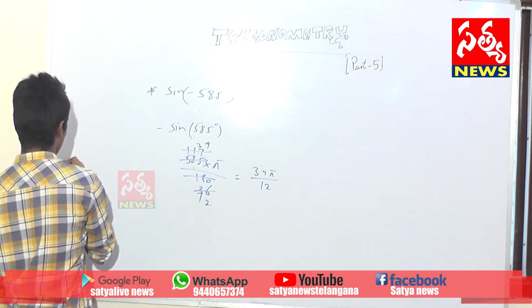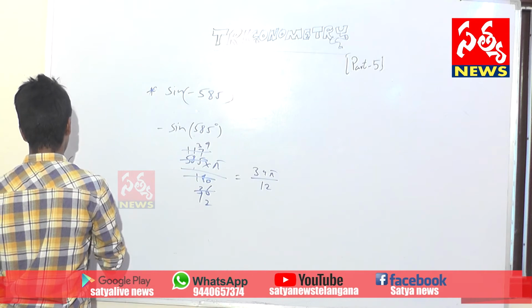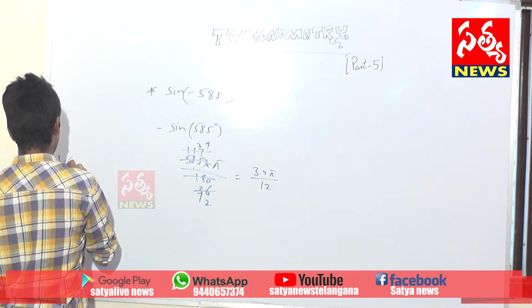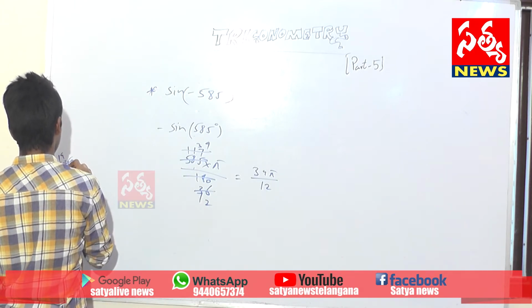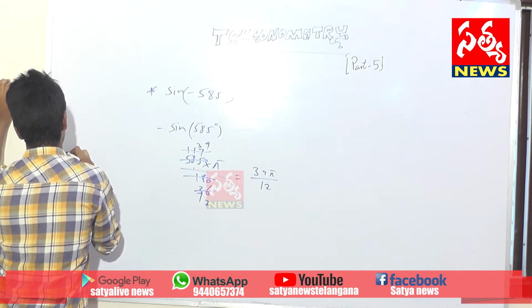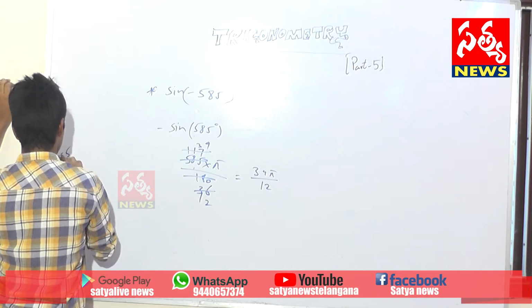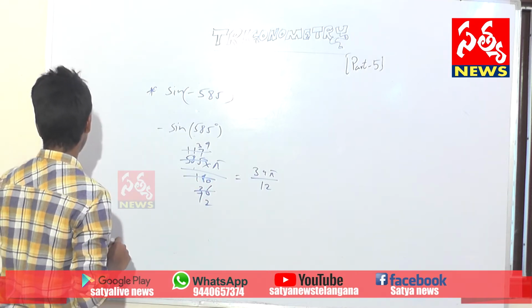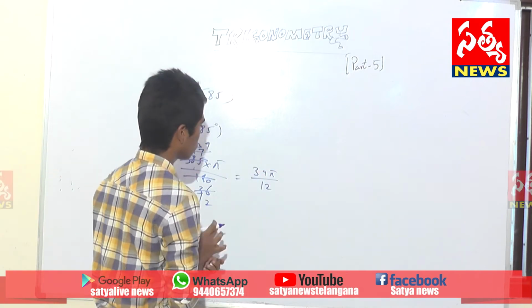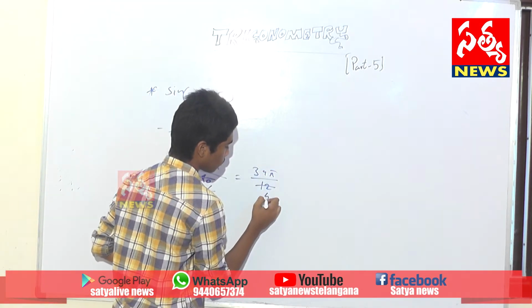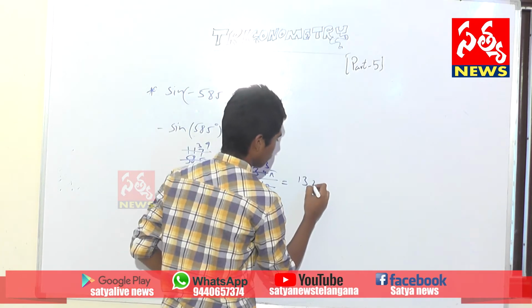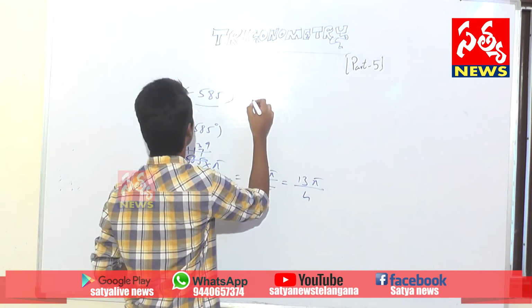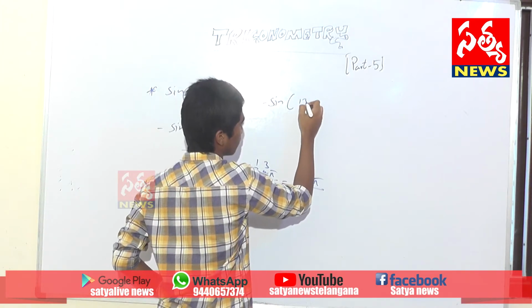I do rough calculation. 585 by 180. Right, 39 by 12. Further cancellation, the 4s. So we get 13 pi by 4. So 585 can be written as sine of 13 pi by 4.